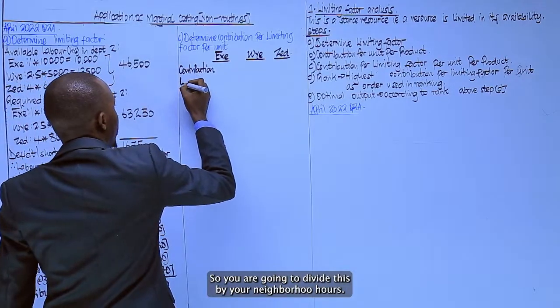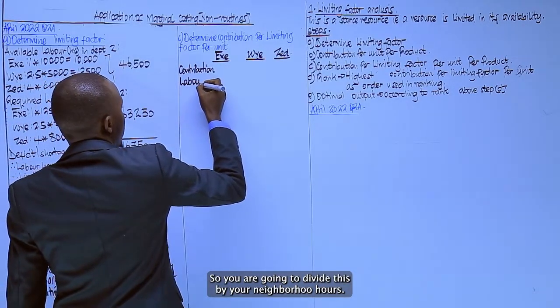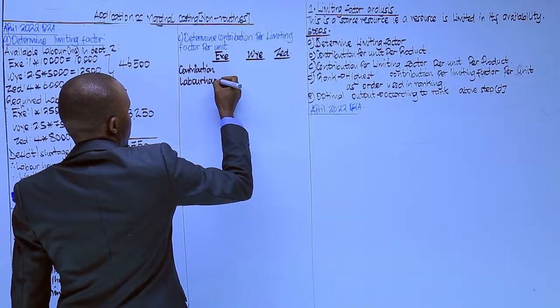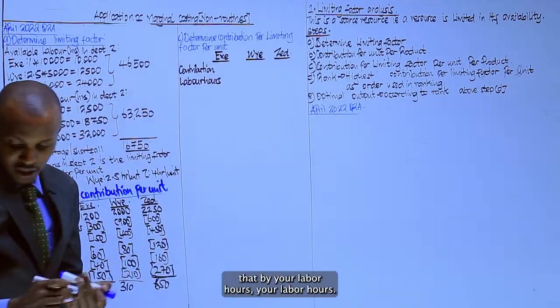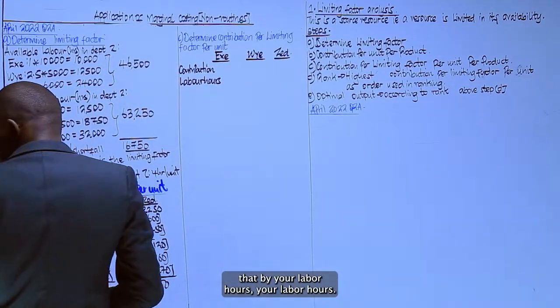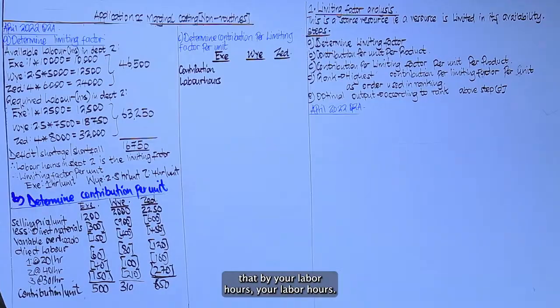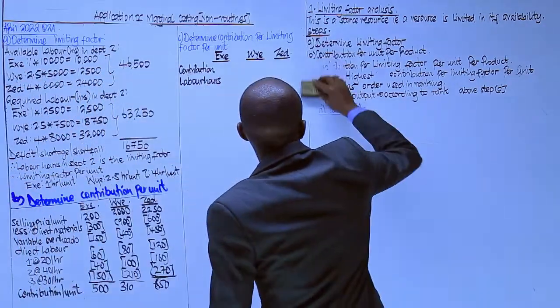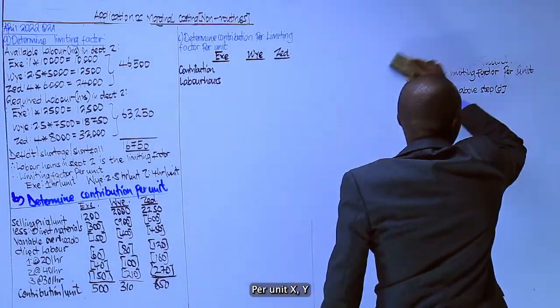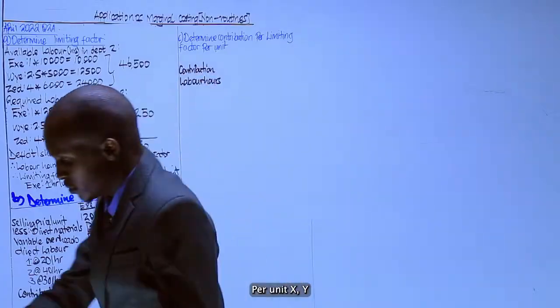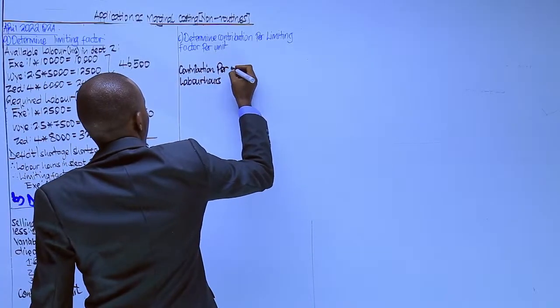So you're going to divide that by your labor hours per unit. X, Y, Z.